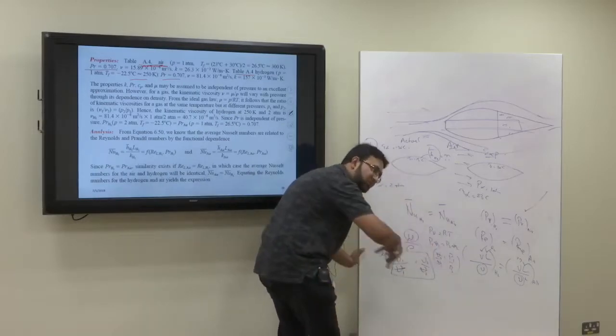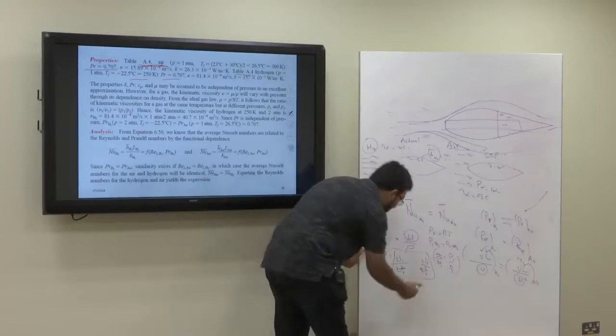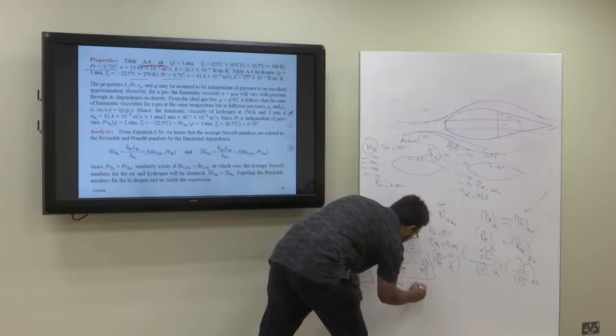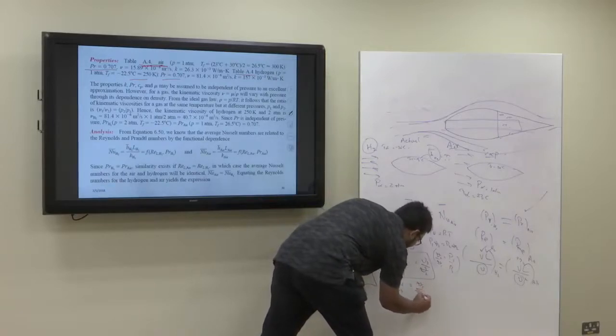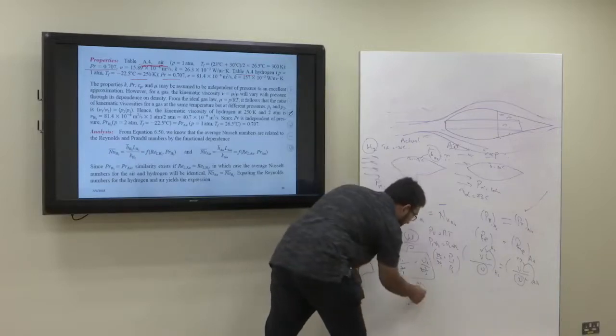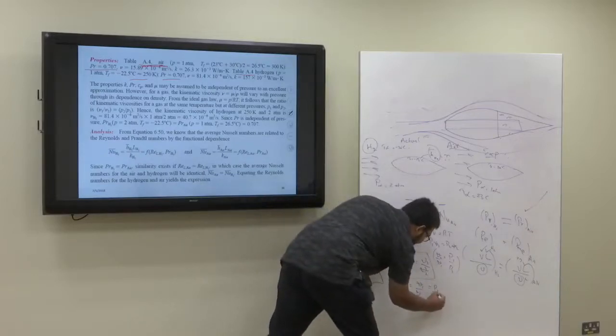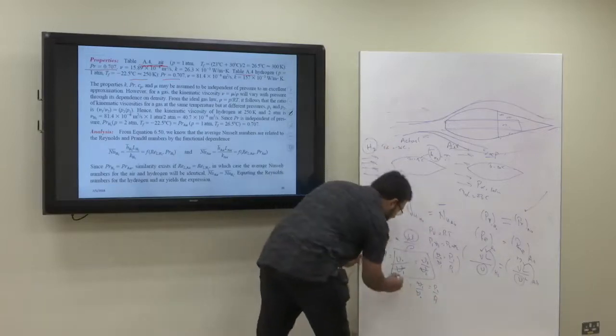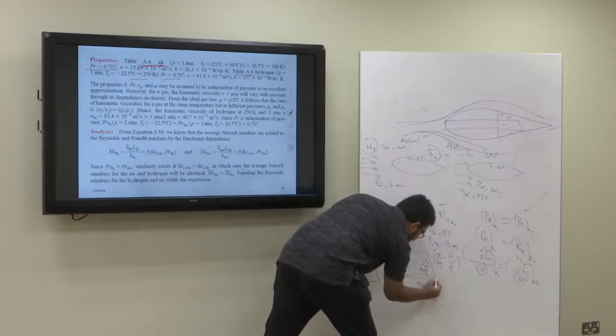So we can now substitute it. That means V1 upon V2 is equal to P2 upon P1.